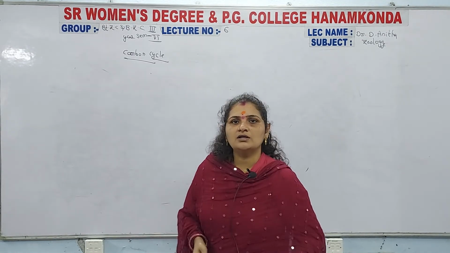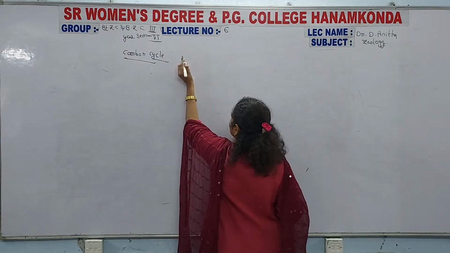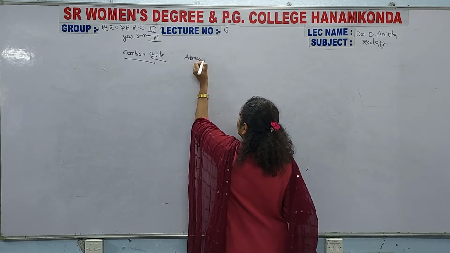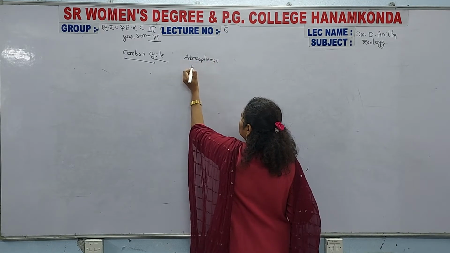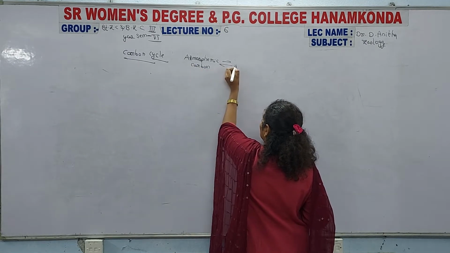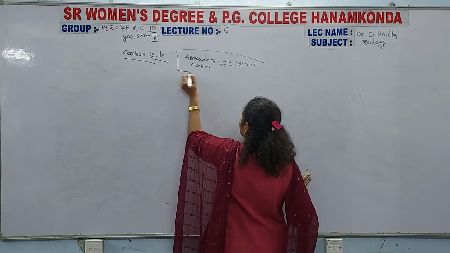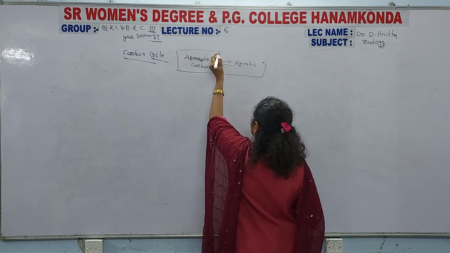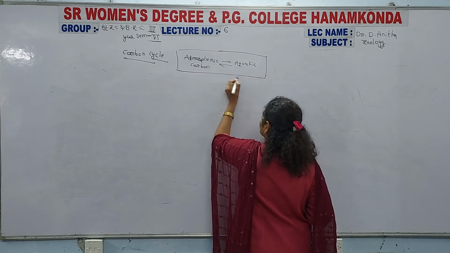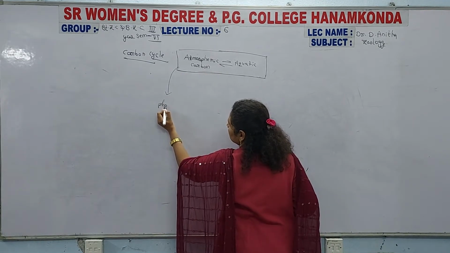Here also, the atmospheric carbon and aquatic carbon undergo photosynthesis.